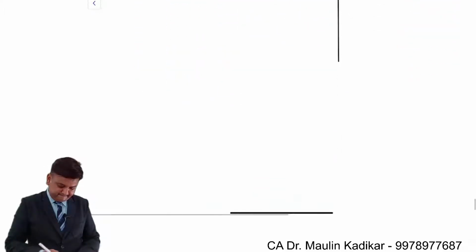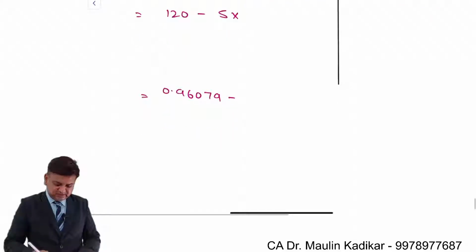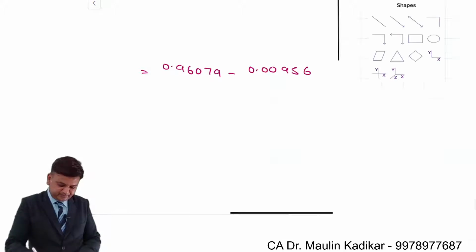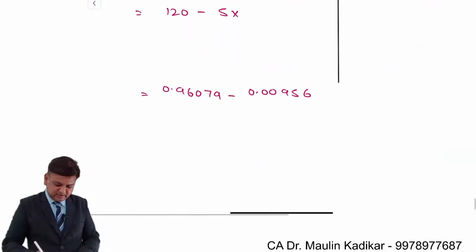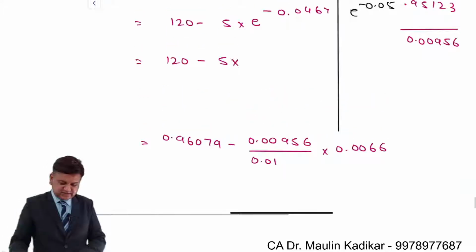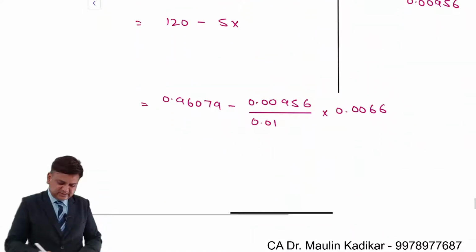So we will have the factor like this: 0.96079 minus 0.00956 divided by 0.01 into 0.0067.